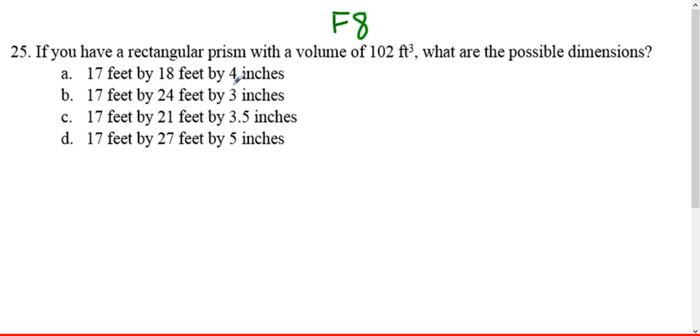So do 17 times 18 times 4 inches, which would be 4/12. 3 inches would be 3/12. 3.5 inches would be 3.5 over 12. And 5 inches would be 5 over 12. So just multiply all the dimensions and see if you get 102.